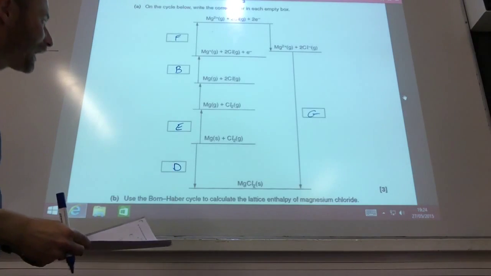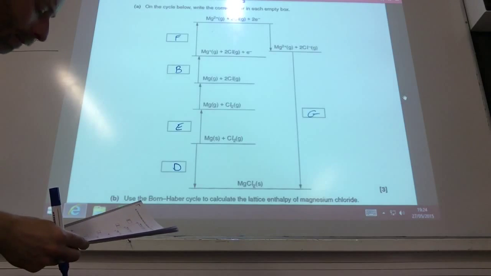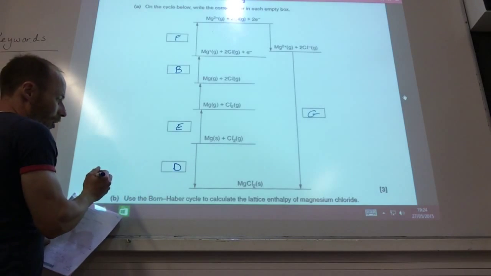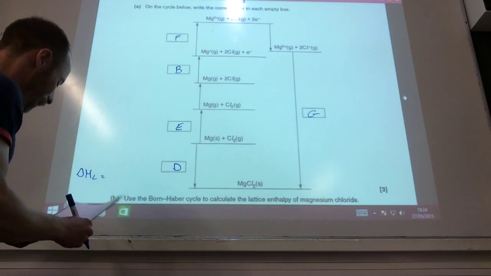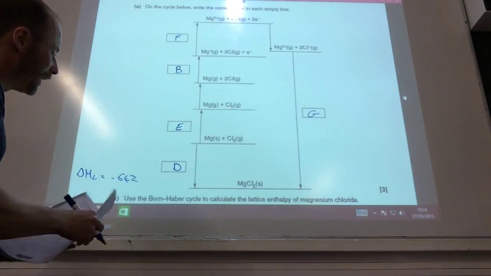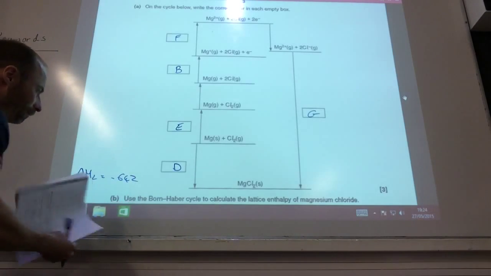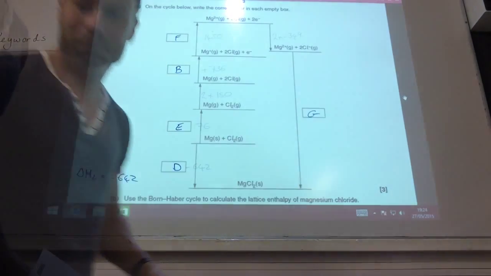Right, they then want me to actually calculate the lattice enthalpy for this. So let's do that. So delta H lattice is going to be minus 642, which is this one here, D. Actually, what I'll do is I'll put the numbers on.